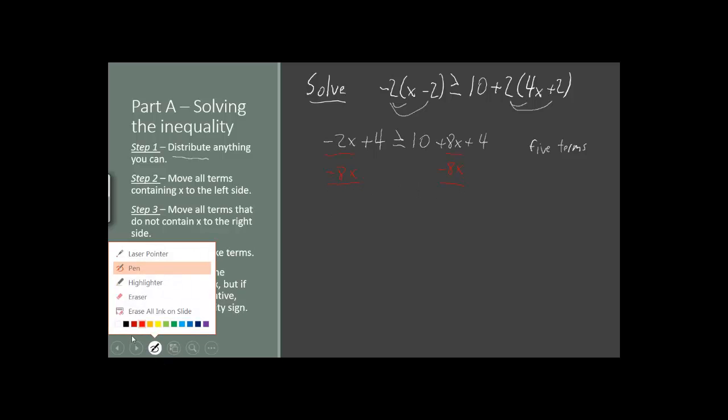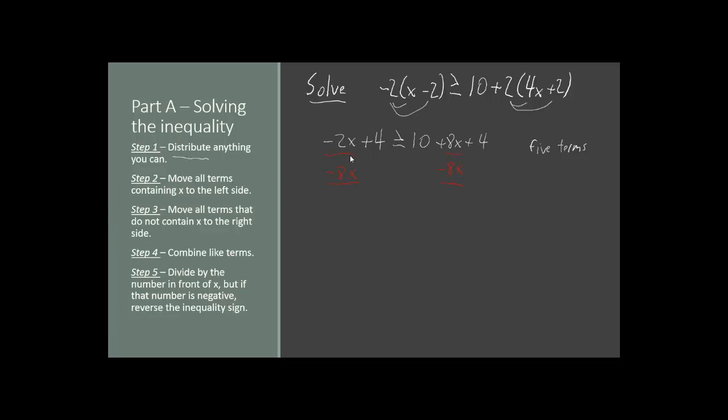Well, negative 2x minus 8x gives us negative 10x, plus 4 is still there, greater than or equal to is still there. On the right side, the 10 is also still there. The positive 8 and the negative 8 cancel out, and then the plus 4 is still there. That takes care of the x terms.